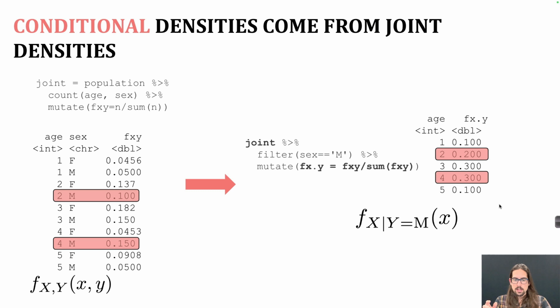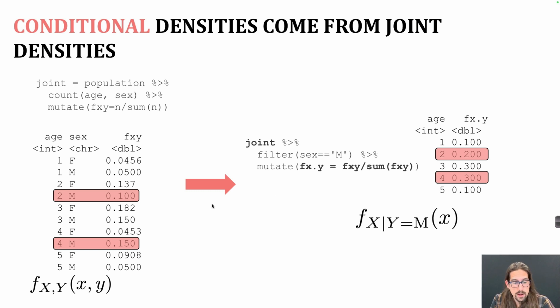Like marginal densities, you can get conditional densities from joint densities. I don't have to actually have the whole population data set to be able to compute this. I just need the joint density. And the reason is very similar to the marginal case, because the joint density is kind of like the pre-counted version of the population data set within groups.